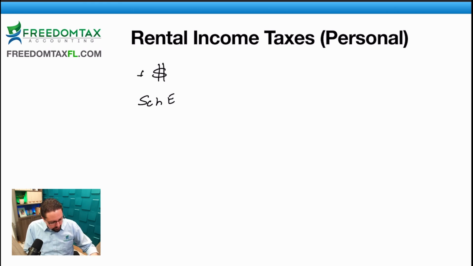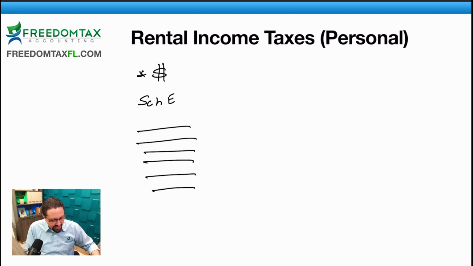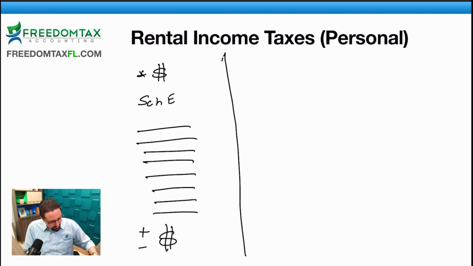You make your rental income, and then during the year, you have all your tax deductions and rental income expenses. At the end of the year, you have your net profit or your net loss. Okay? Now, this is your tax return.